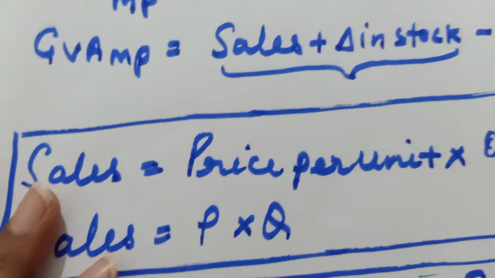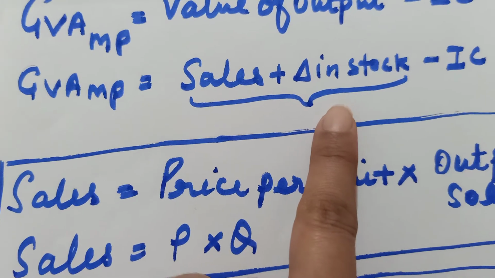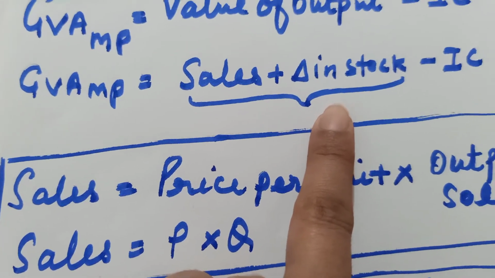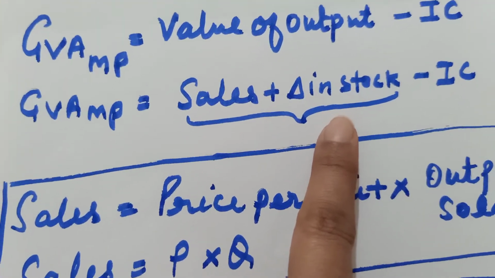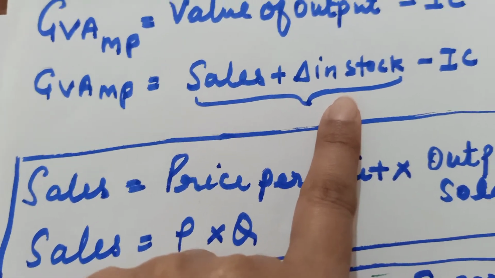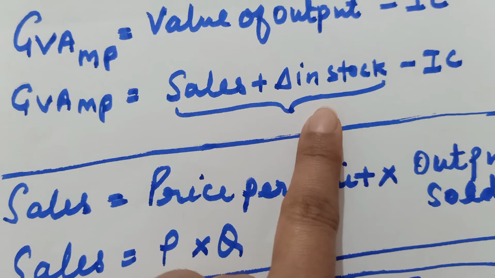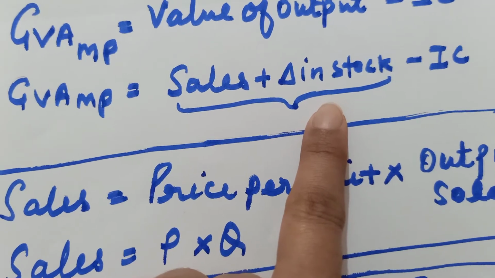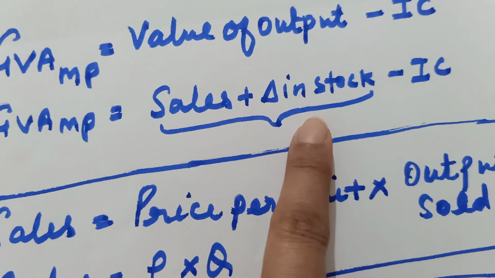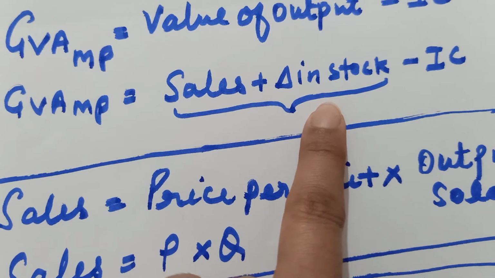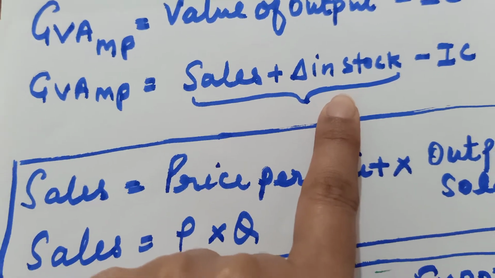I discussed that if some output remains unsold, that is change in stock, and this is added to the firm's inventory, expressed as change in stock during an accounting year. It is the difference between the stock at the end of the year and the stock at the beginning of the year.